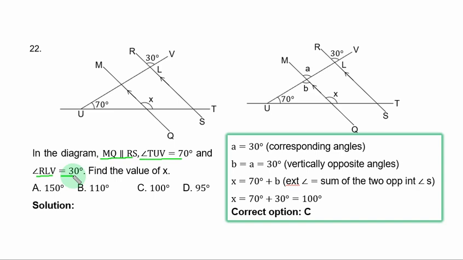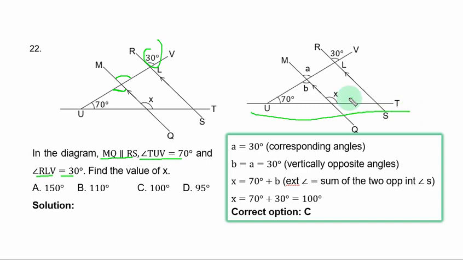Find the value of S. To get S easily, this angle is needed so that S is a sum of 70 degrees and this angle. Exterior angle of a triangle is equal to the sum of the two opposite interior angles. And to get this angle, this is needed. That is what you have in the diagram.